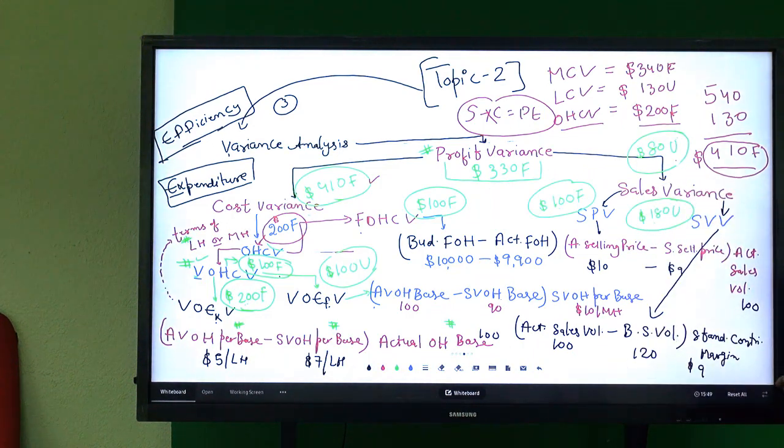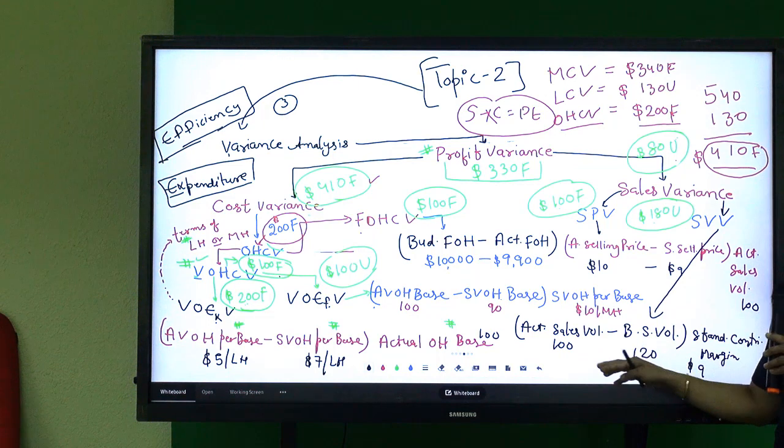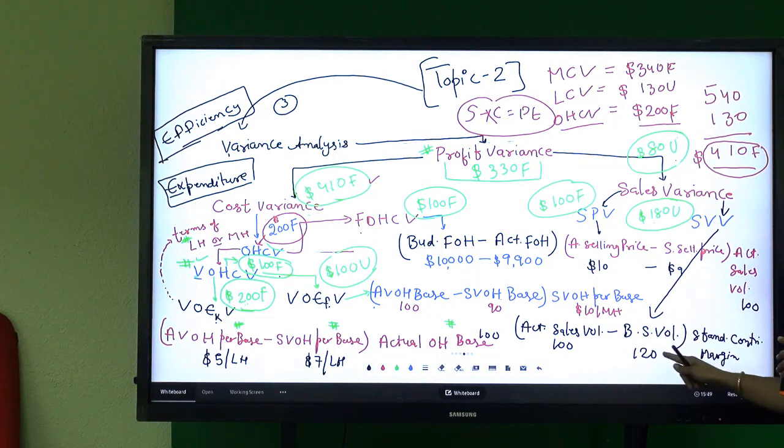Let's assume my actual sales volume is 100 units, my budgeted sales volume is 120 units, and my standard contribution margin is $9. So 100 minus 120 is minus 20, multiplied by 9 is 180. 180 U is my sales volume variance.